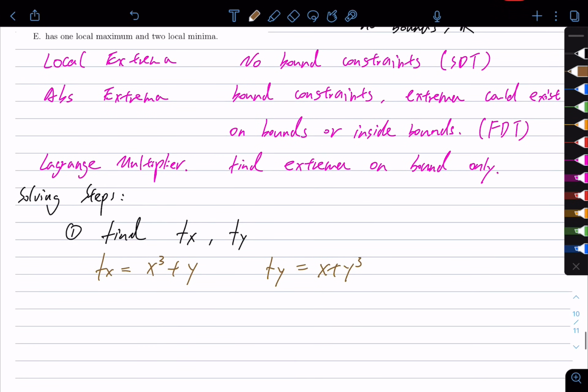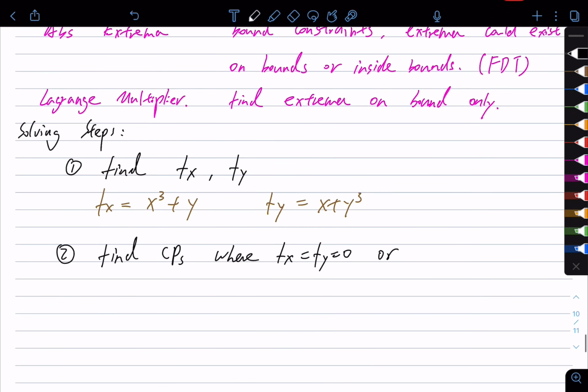Okay? And then we're going to find the critical points, CPs, where fx equals fy equals 0, or fx or fy does not exist, DNE.